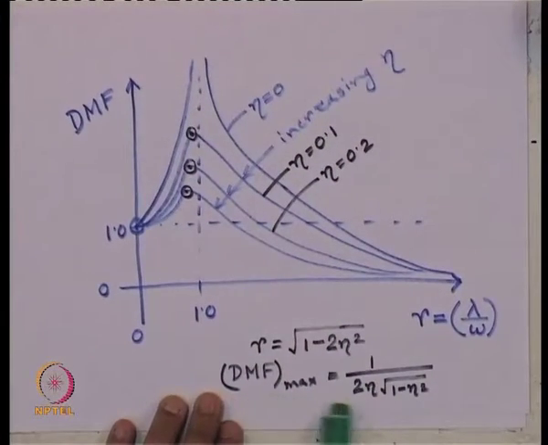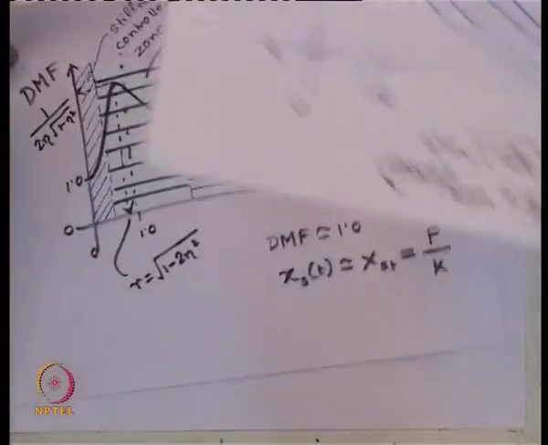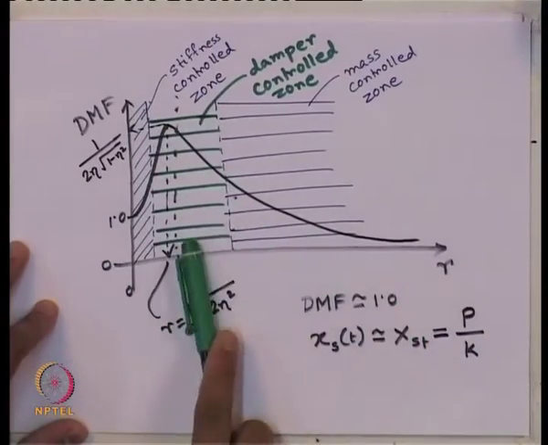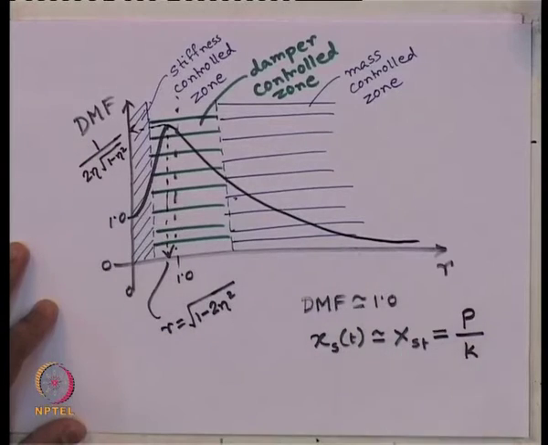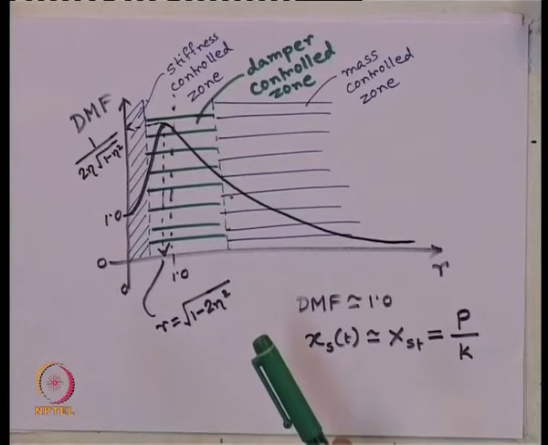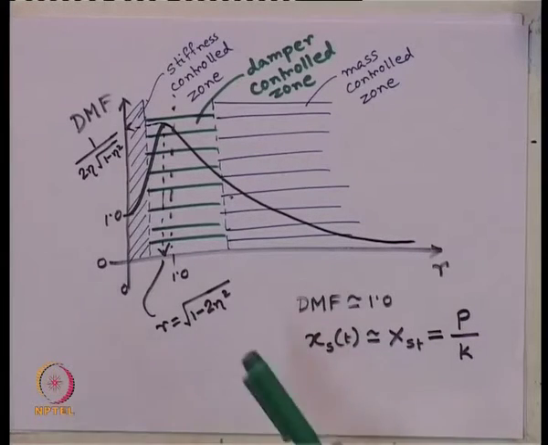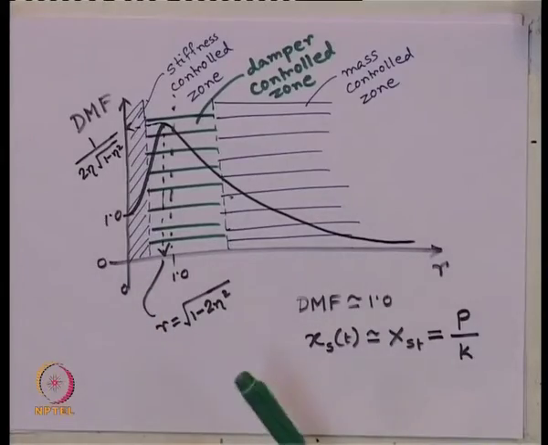That is why DMF max is a function of your damping ratio only. So, these are the three basic regions, called the stiffness controlled zone, damper controlled zone and mass controlled zone in the variation of DMF versus R. Later on, when we take up the actual design of machine foundation, we will see how by controlling these three we can get a better response.